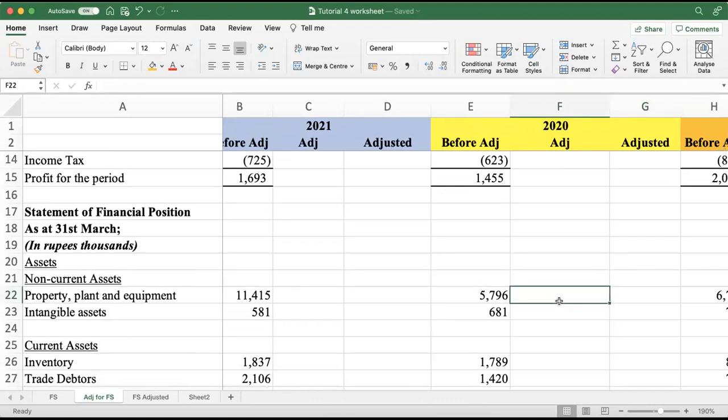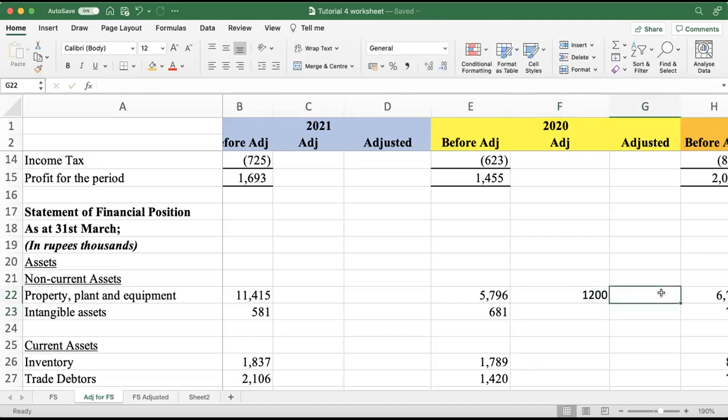Then asset value, the cost of the value of the asset at the beginning 1,500 in thousands minus depreciation 300. Then the asset value is 1,200.